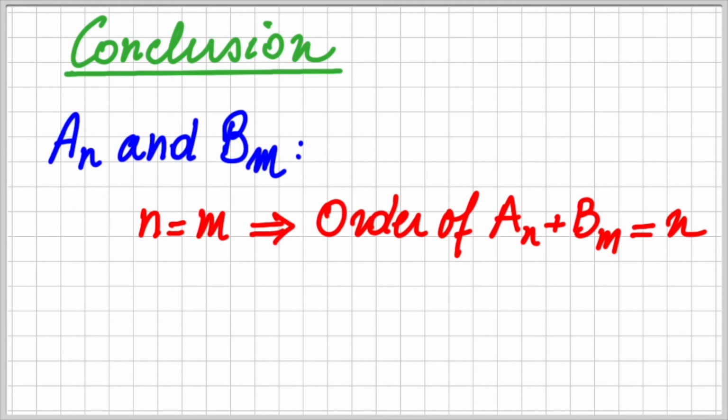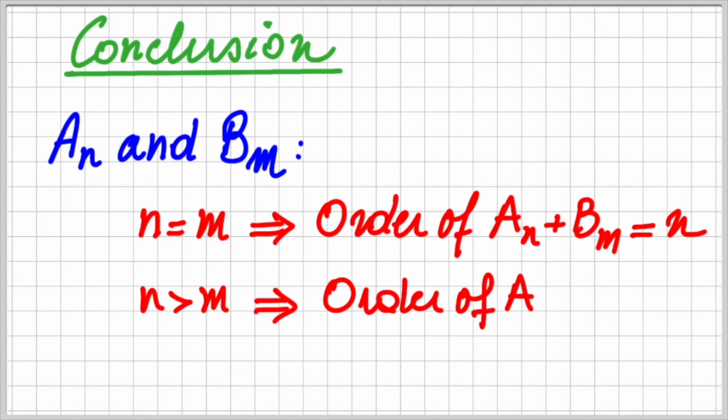Both have the same order, so the order of the addition of those two polynomials is equal to n. When n is larger than m, then we find that the order of the addition of the two polynomials is equal to the order of the highest polynomial. So finally we see when we add polynomials, when they have the same order, the order of the addition of the two polynomials is equal to the order of both polynomials.